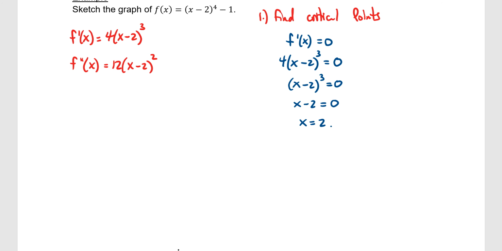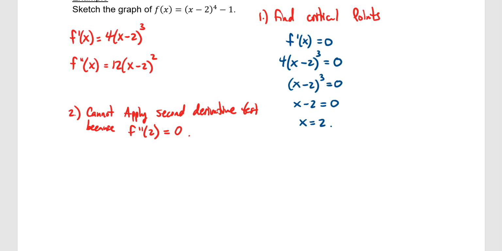So here is an issue. If we try to do the second derivative test, we cannot do the second derivative test because f double prime of 2 actually equals 0. So that wouldn't actually help us here. So we're going to have to do the first derivative test.